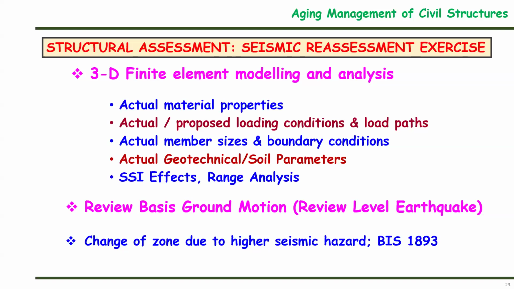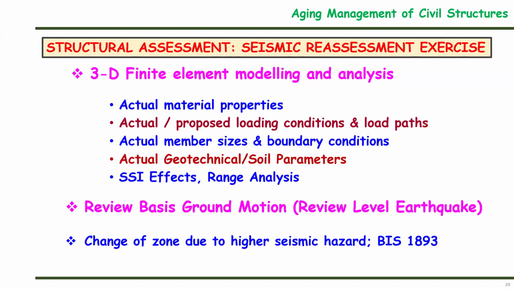And yes, in the analysis, we also account for soil structure interaction effects. And here we carry out the range analysis. What does range analysis mean? In soil structure interaction, we usually model the soil media by frequency independent soil springs. To calculate the stiffness of these springs, one parameter is required, the shear wave velocity.